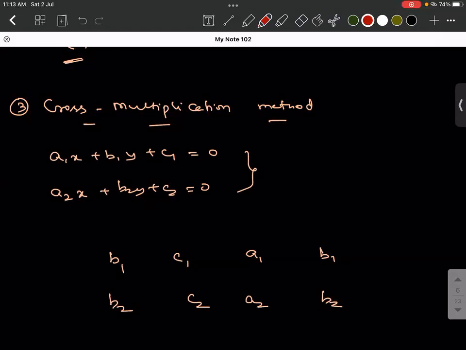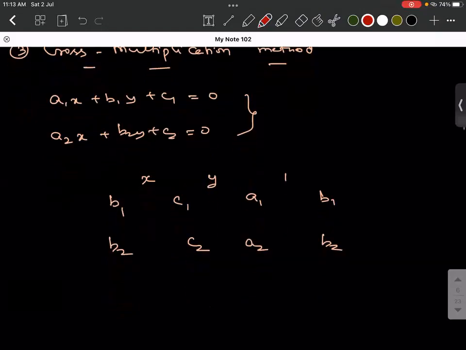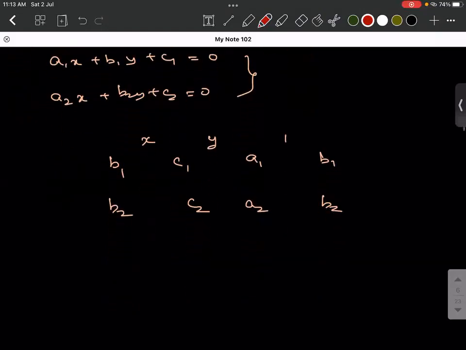So between the gap of b1 and c1 on the top, write x. Between c1, a1, write y. And between a1, b1, write 1. Is it clear till this step? So in the next step you will write x divided by, start from left to right, left top to right bottom. So b1 c2 minus b2 c1.